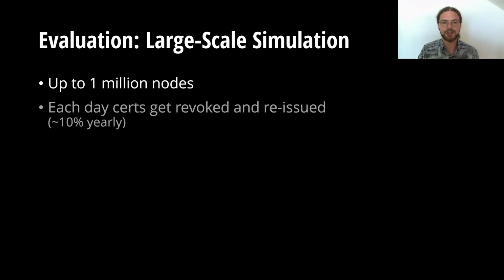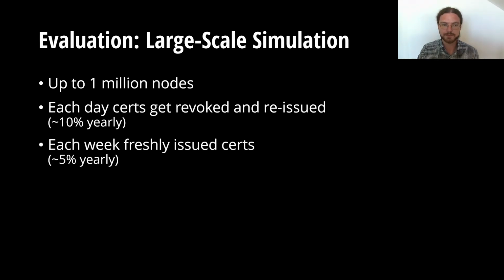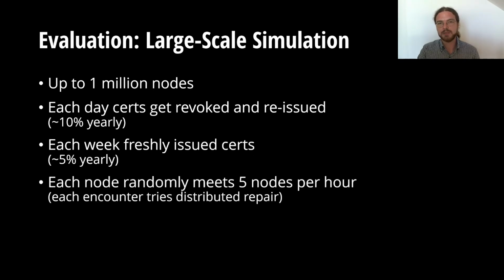Then, to show the effectiveness of the distributed repair, we also did a large-scale simulation. So here we simulated up to 1 million nodes, and each day a certificate gets revoked and reissued. Each week, a fresh certificate gets issued, and each node randomly meets 5 nodes per hour with, of course, a try to distributed repair their proof of inclusion.